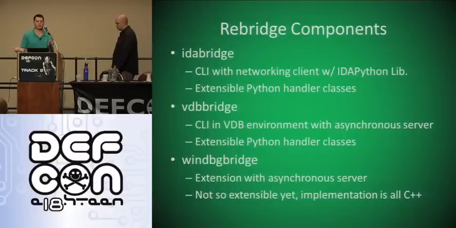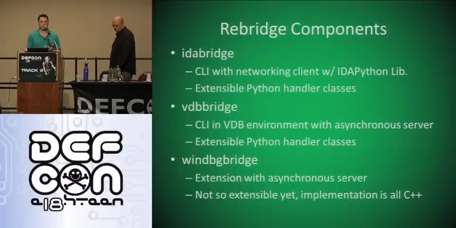And then we modified the IDA Python lib so that we don't have to rewrite everything in C or C++ to do the actual interfacing with IDA Pro. We can just rely completely on Python. That also gave us another win because we can extend our handler classes using Python. So if we want to add a new command, we just write a new Python class with the defined command elements, and then we just roll from there.